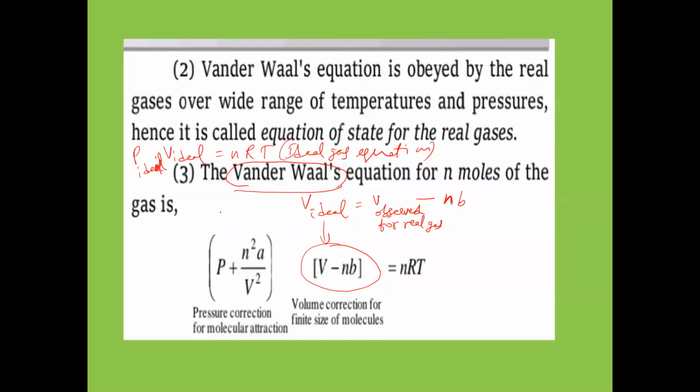So in place of P ideal, P ideal is equal to P observed for real gas plus the pressure correction, which is an²/V². Is that clear? So this is what we have to understand.